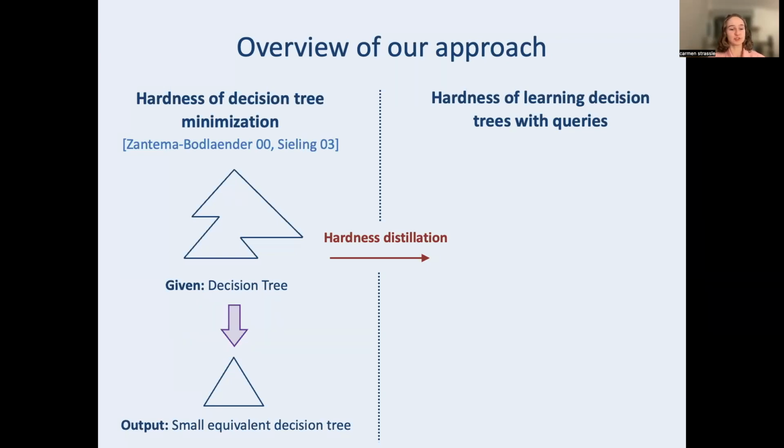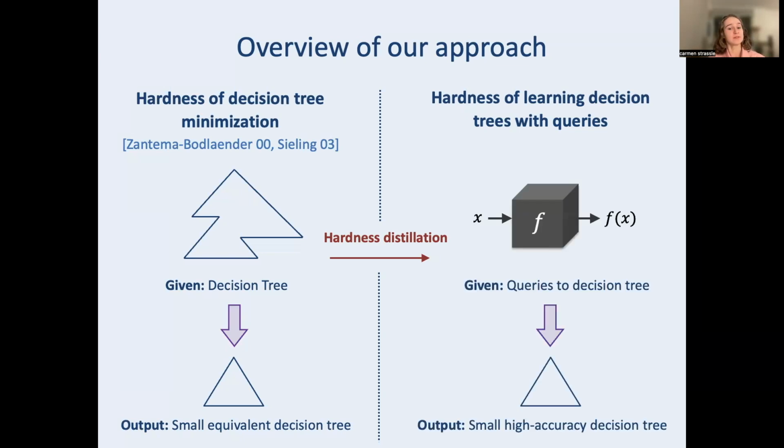We have a decision tree, and our goal is to output a small equivalent decision tree. And how does this compare with decision tree learning? Well, in decision tree learning, we're given queries to a decision tree, and our goal is to output a small, high accuracy decision tree.